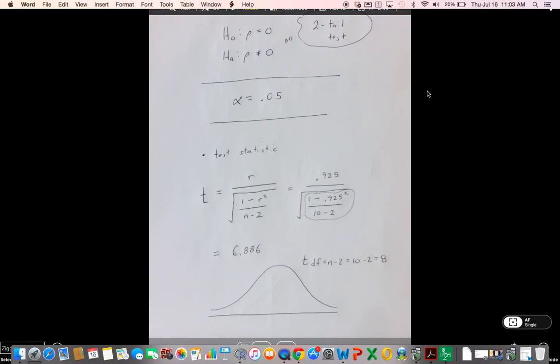So our distribution has degrees of freedom 8. Two-tail, we're going to look at the area to the right of 6.886 and to the left of negative 6.886. Guys, we don't need to do both of them. Let's just do this one and multiply it by 2.